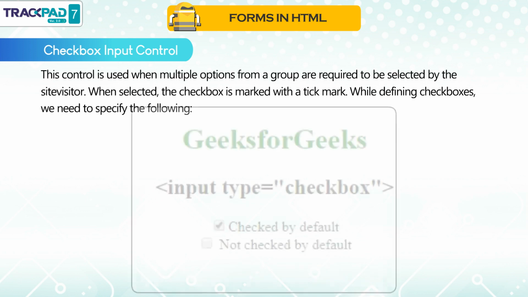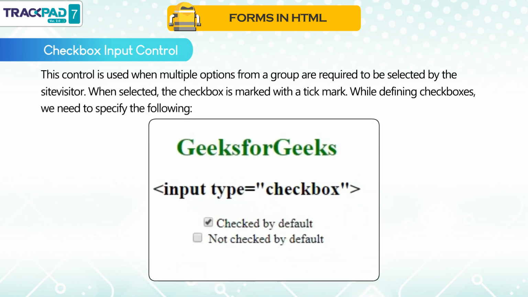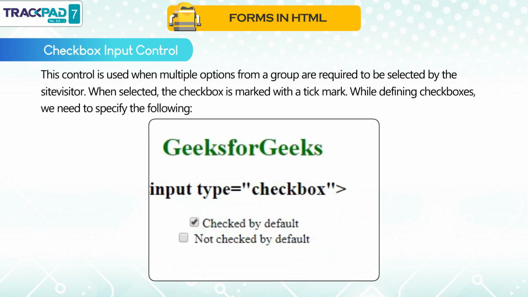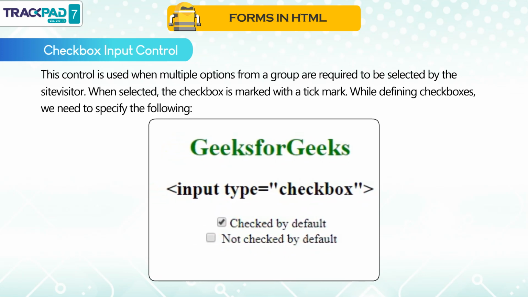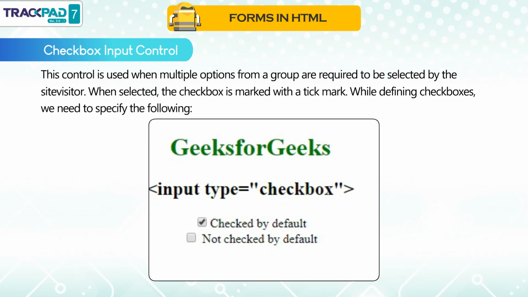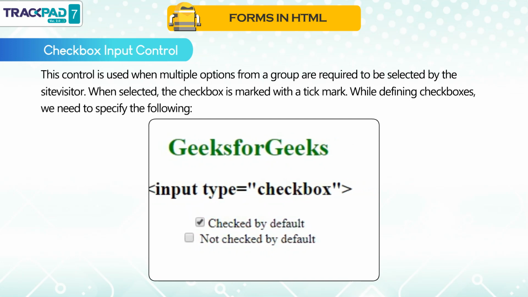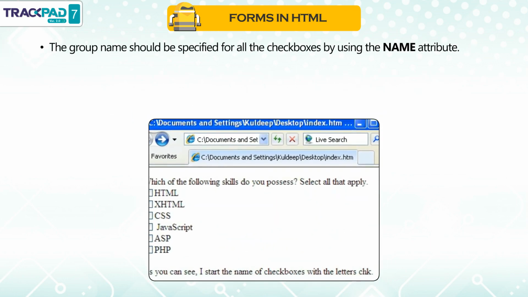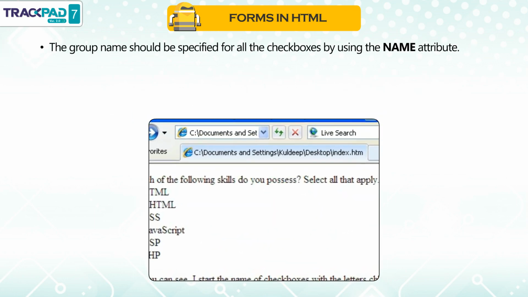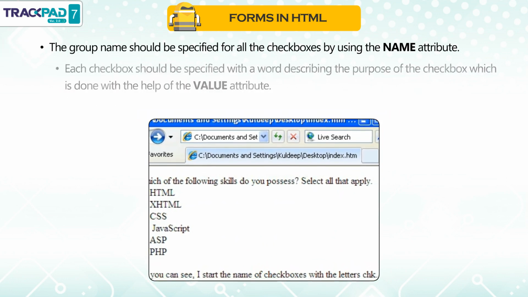Checkbox input control. This control is used when multiple options from a group are required to be selected by the site visitor. When selected, the checkbox is marked with a tick mark. While defining checkboxes, we need to specify the following. The group name should be specified for all the checkboxes by using the name attribute.